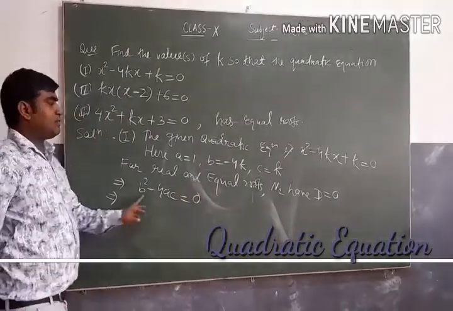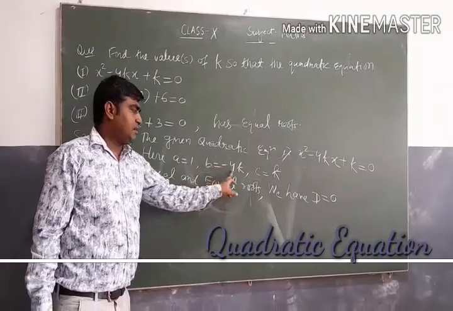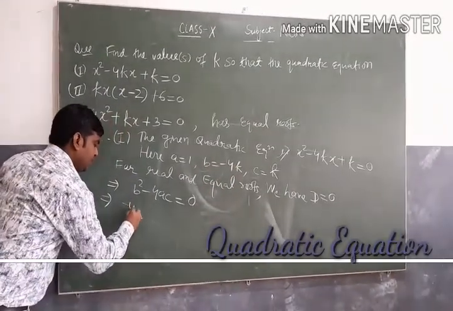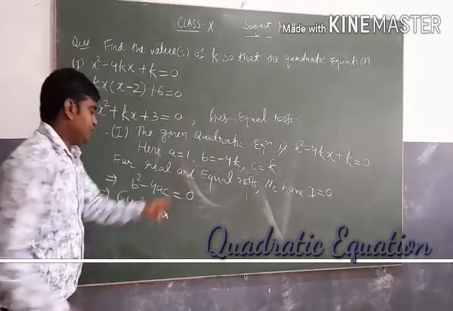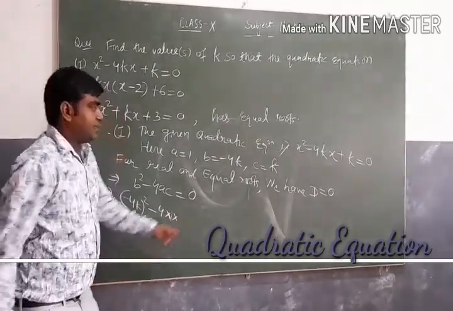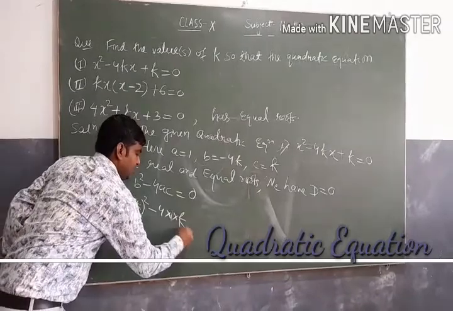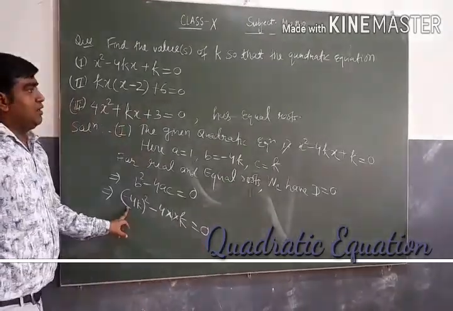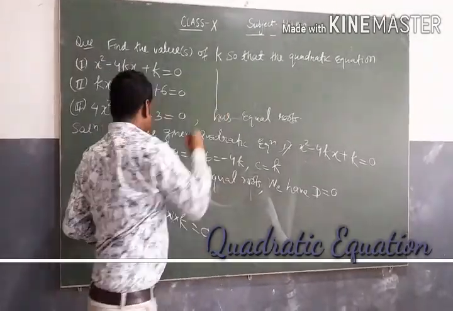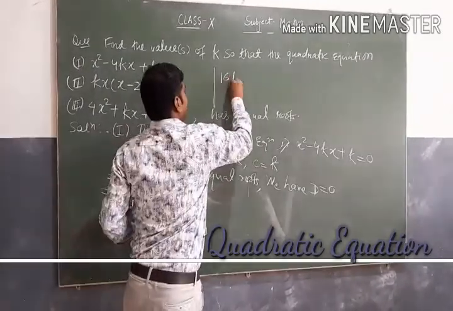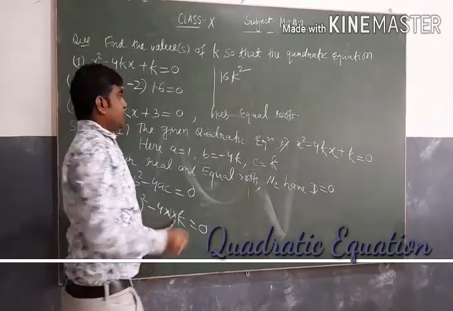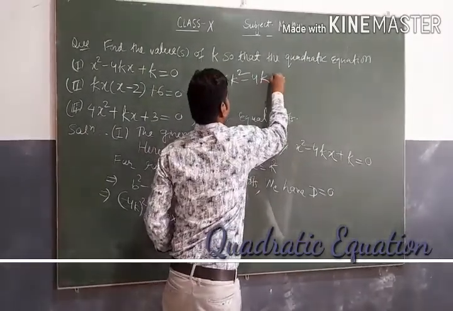Now putting the values, here the value of b is minus 4k, so it becomes minus 4k whole square minus 4 into 1 into k equal to 0. So after solving we have 16k square minus 4k equal to 0.